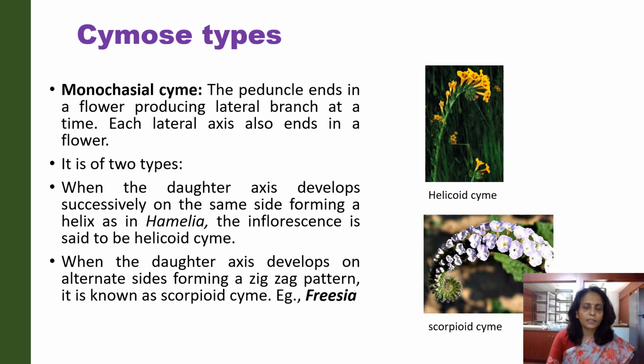In a helicoid cyme, the daughter axis develops successively on the same side, forming a helix-like pattern. Example, Hemerocallis. While if the daughter axis develops on alternate sides, forming a zigzag pattern, it is called a scorpioid cyme. Example, freesia.